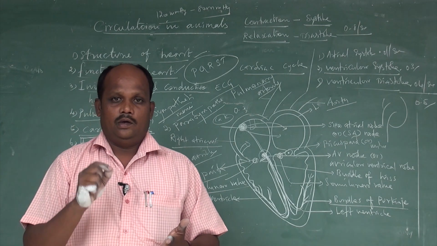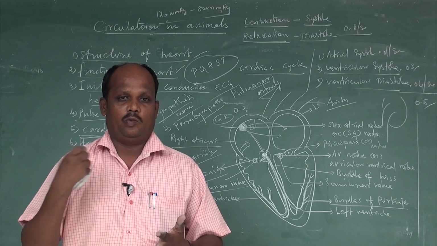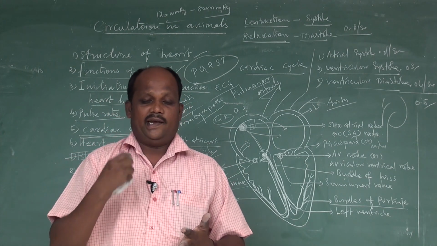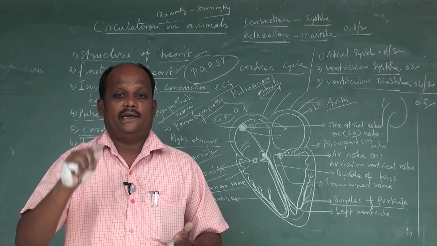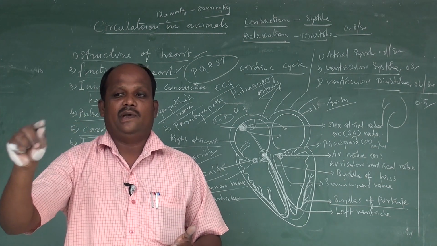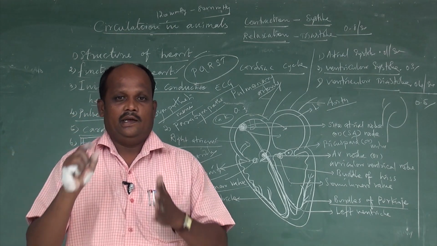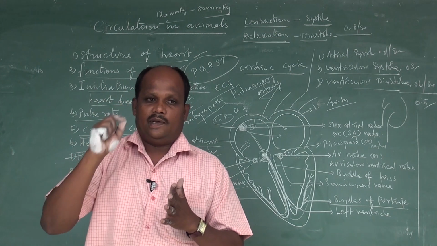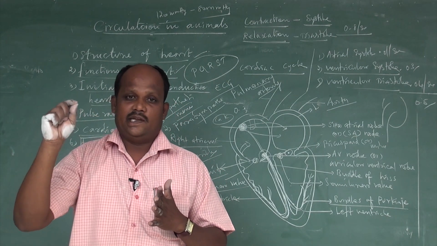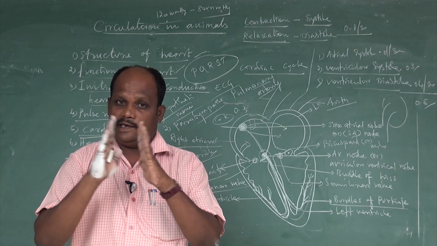That is the unit. For glucose, the unit is milligram per deciliter, mg/dl. The normal blood glucose value is 120 to 80 mg/dl. mmHg is for blood pressure and mg/dl is for glucose value. Both should be clearly differentiated.